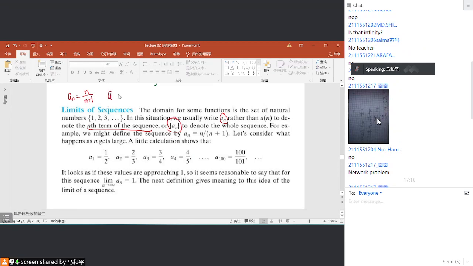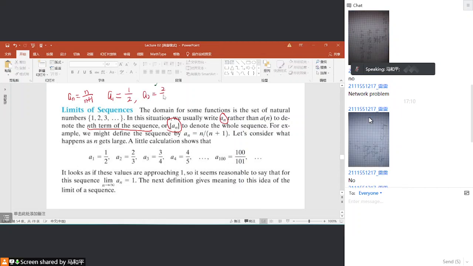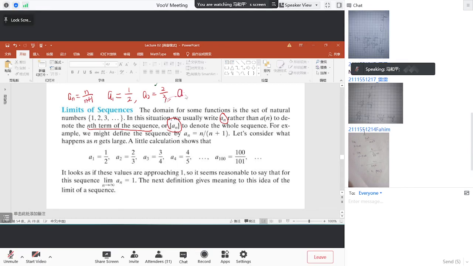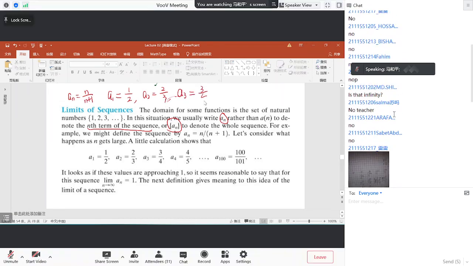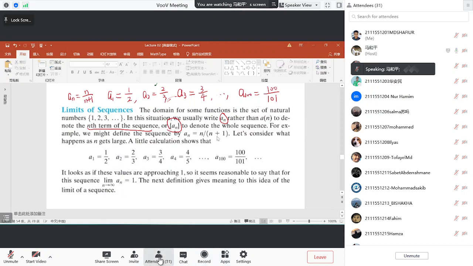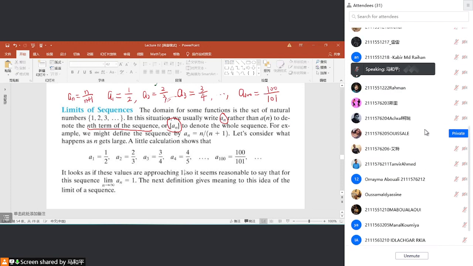So when n is 1, we have a_1 equals 1 over 2. When n is 2, it's 2 over 3. When n is 3, a_3 is equal to 3 over 4. And maybe you can find a_100 is 100 over 101. It looks as if these values are approaching 1.